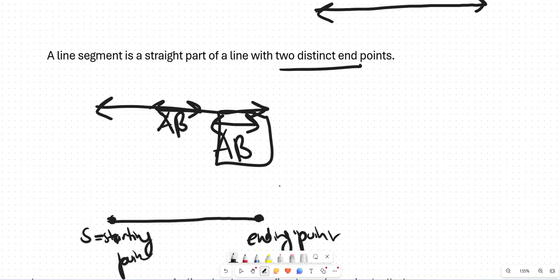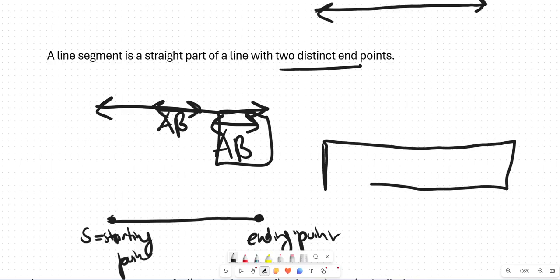Common examples of a line segment would be a ruler. If you know rulers, they're usually short and they have ending points. I can say this is an ending point and this is an ending point, and maybe this is another ending point and another ending point, and I can say this is XY and this is BD.